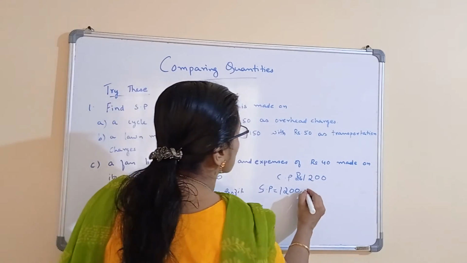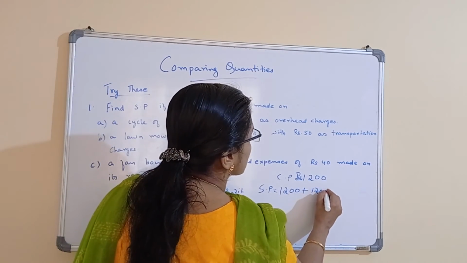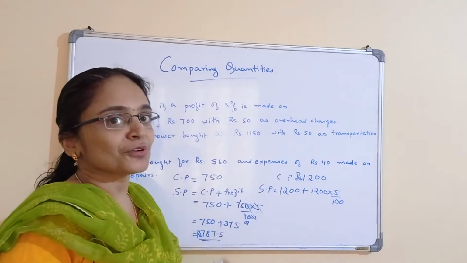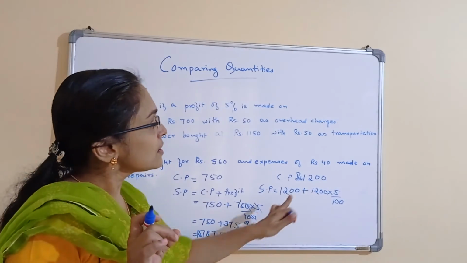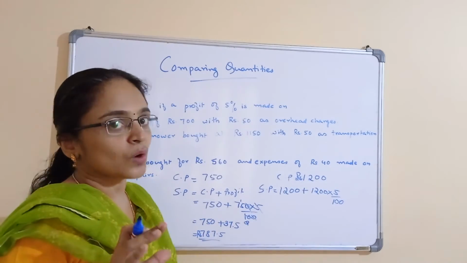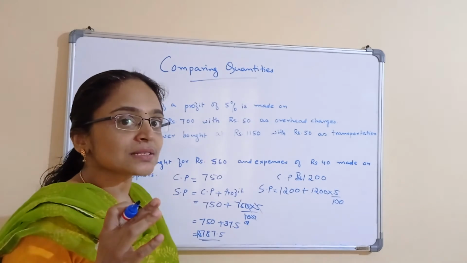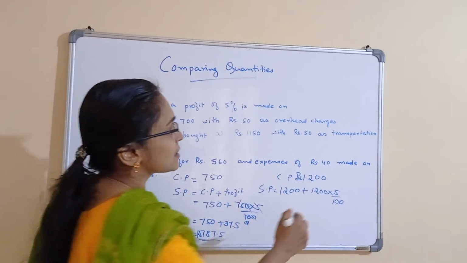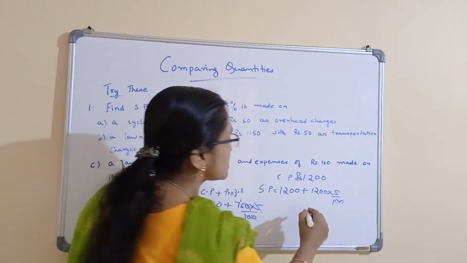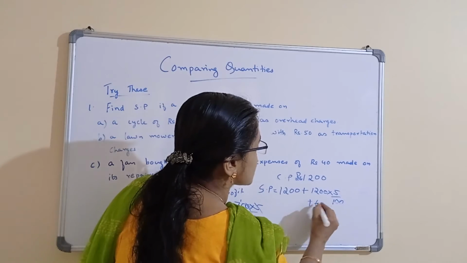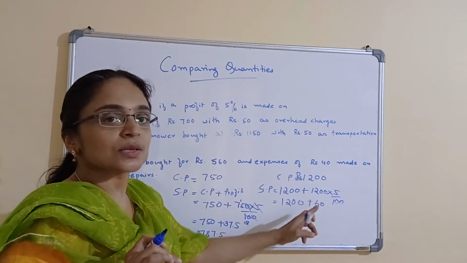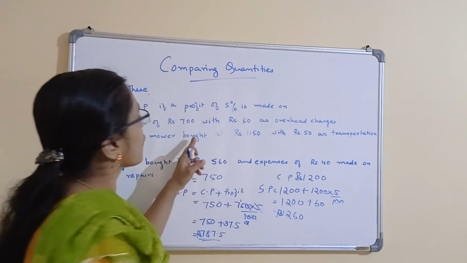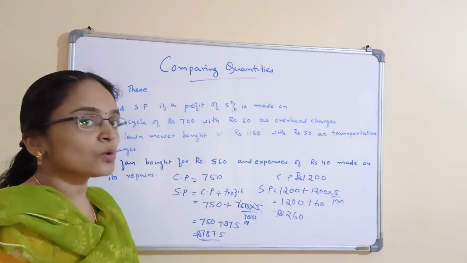So selling price is equal to 1200 plus 1200 into 5 by 100. No need of doing this. We know that 10% of 1200 is 120, right? So what will be 5% of 1200? It is 120 by 2, which is 60. So 1200 plus 60 is 1260. So this selling price of the lawnmower is 1260 rupees.